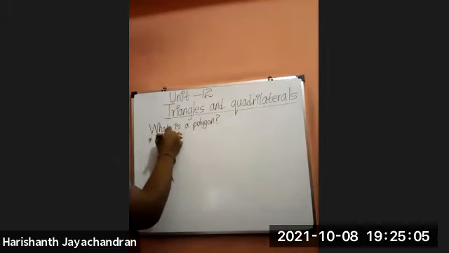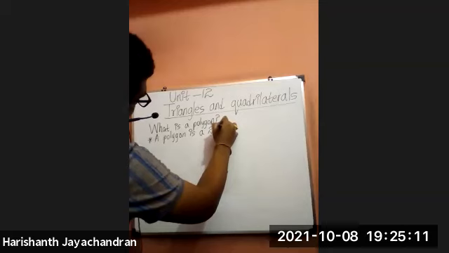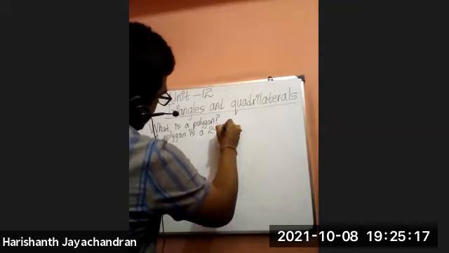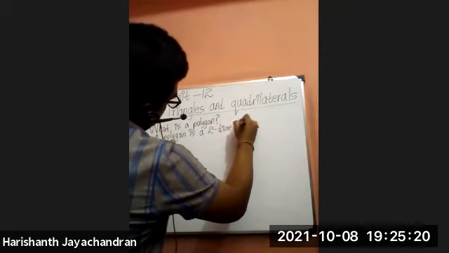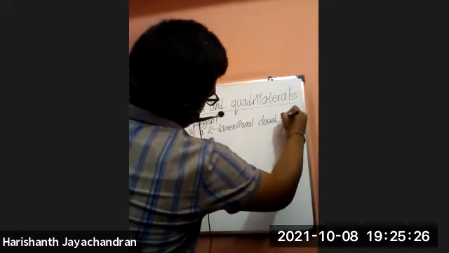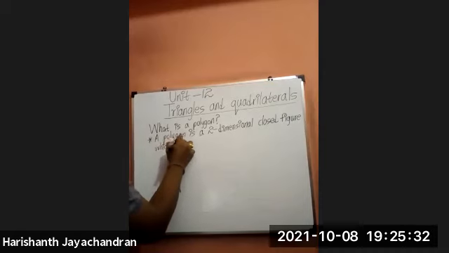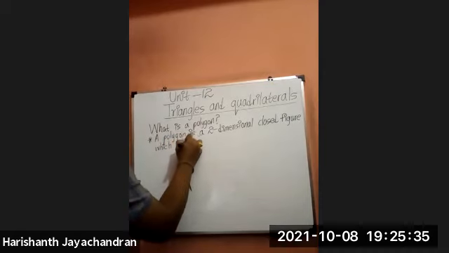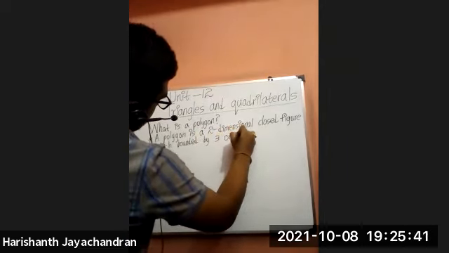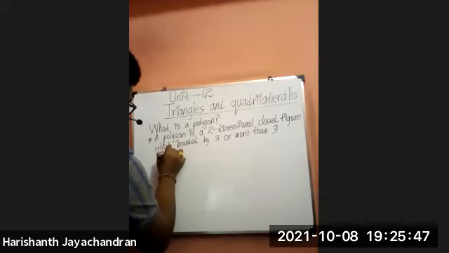A polygon is a two-dimensional closed figure which is bounded by three or more straight line segments.